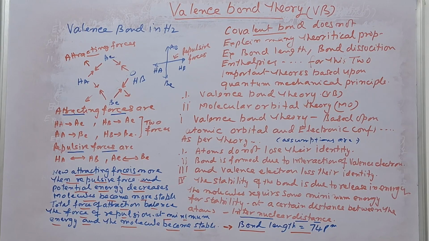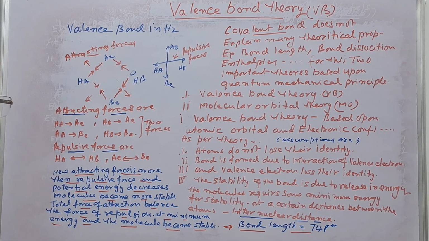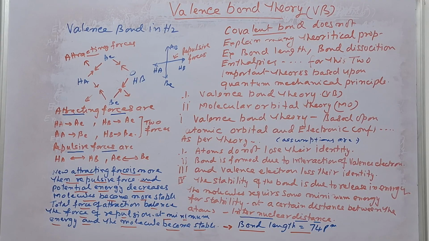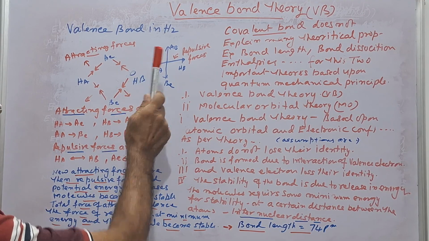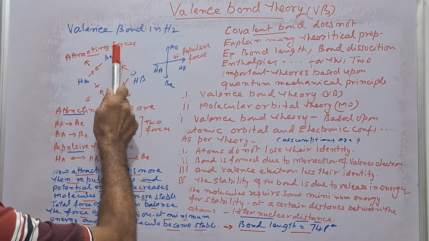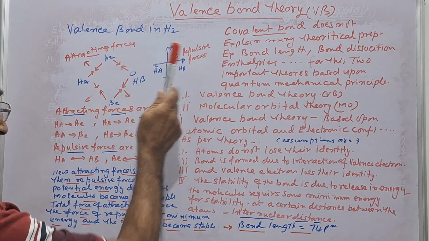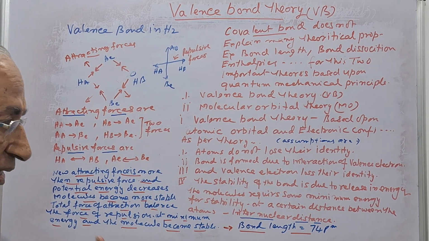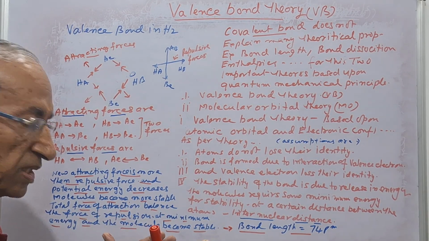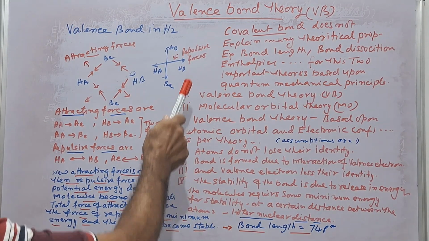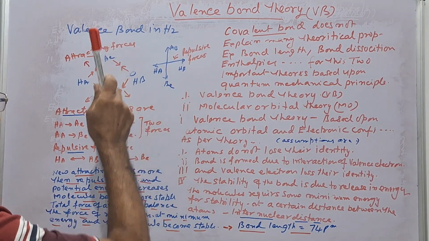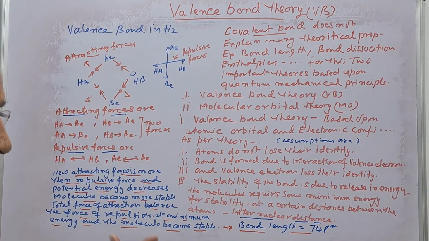Now it's very important how the atoms come close to each other to form molecules. When two types of forces are there, if attractive forces are more than the repulsive forces, then the atoms will come closer to each other. And if the repulsive forces are more than attractive forces, they will go far away from each other.